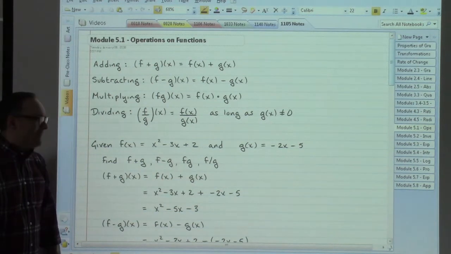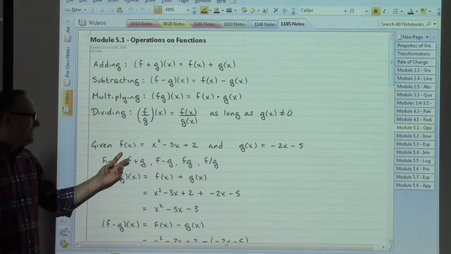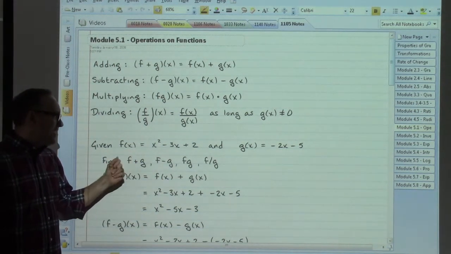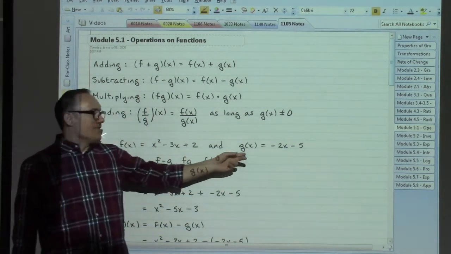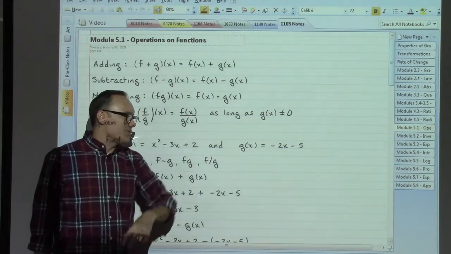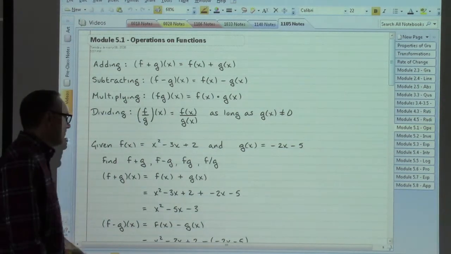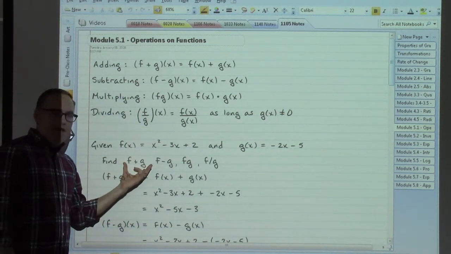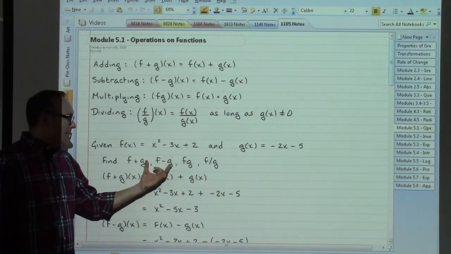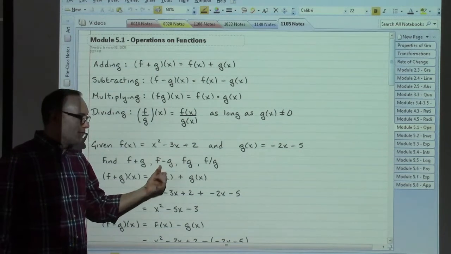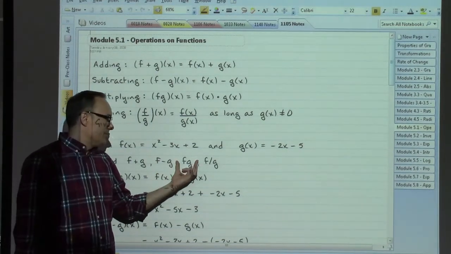Just to really hammer away at the idea, let's say that we've got a function f of x equals x squared minus 3x plus 2, and we've got a second function g of x equals negative 2x minus 5. Let's find f plus g, that's a shorthand way of referring to the addition. F minus g, a shorthand way of referring to the subtraction.